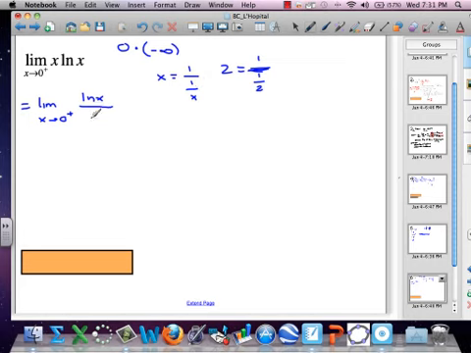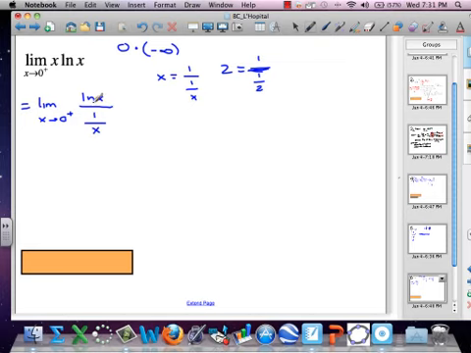So that means I can write x ln x as ln x divided by 1 over x, ln x over 1 over x. Okay, so if we flip the guy and multiply, or if we multiply numerator and denominator by x over x, we'll get the original problem back. This is now a fraction. Now, is it a form that I can use L'Hopital's rule on? Let's see.